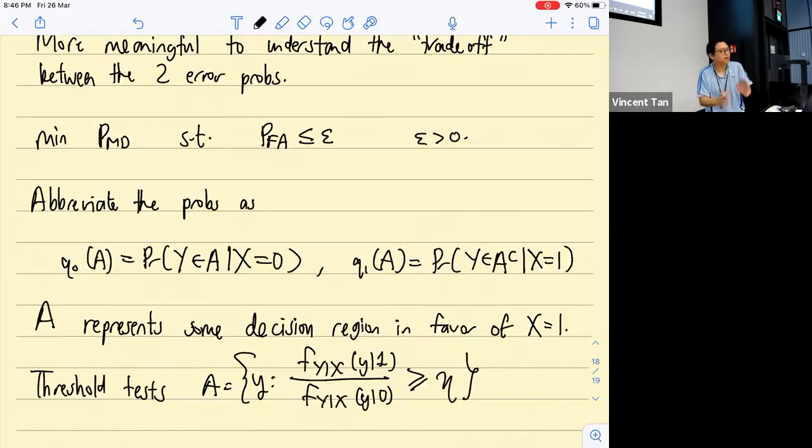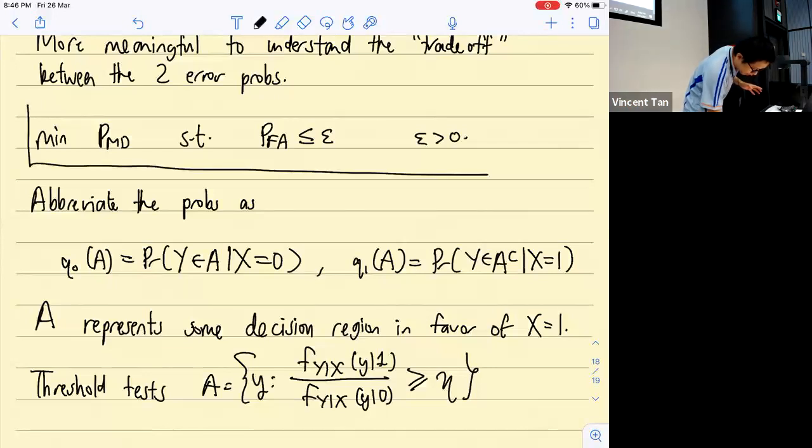So we have seen that this sort of set is very useful for the Bayesian setting. In the Bayesian setting, in the MAP rule, we make use of the log likelihood ratio or likelihood ratio. We compare that to a threshold, and we saw in the very first proof that the MAP decision is actually optimal. Now we change our problem into this constrained optimization problem.